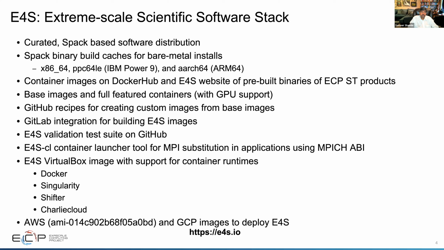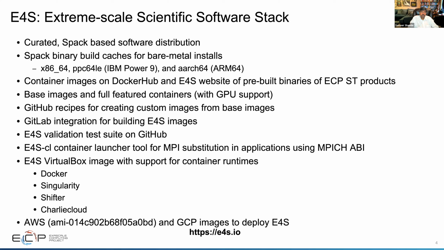We have GitLab integration for building E4S images. We even have a validation test suite so we can confirm that the packages are installed correctly and they work together. So we can sweep across multiple installed packages. And we have the validation test suite on GitHub.